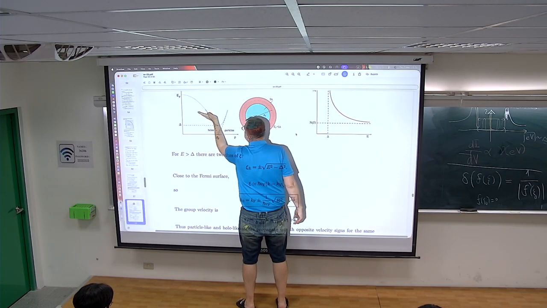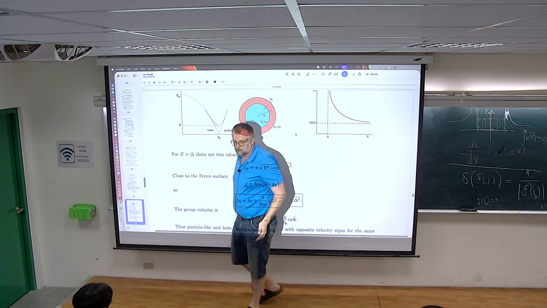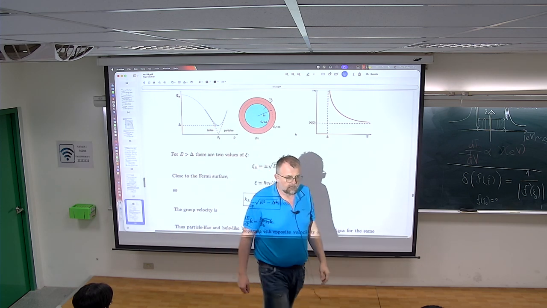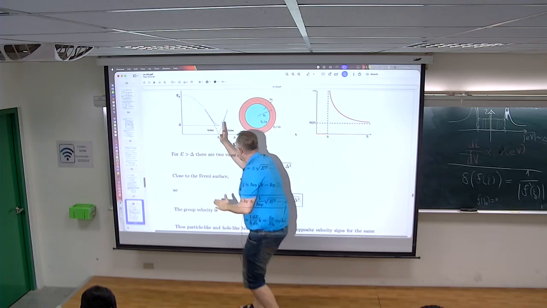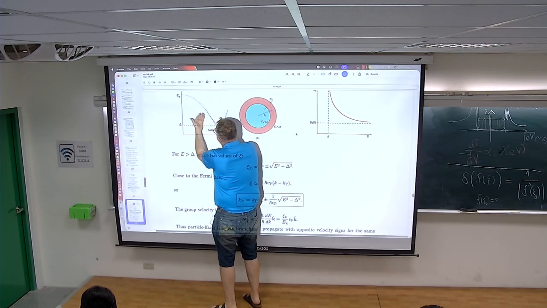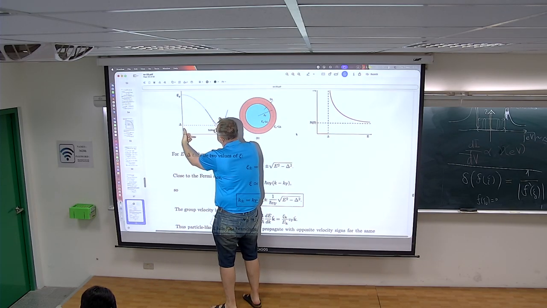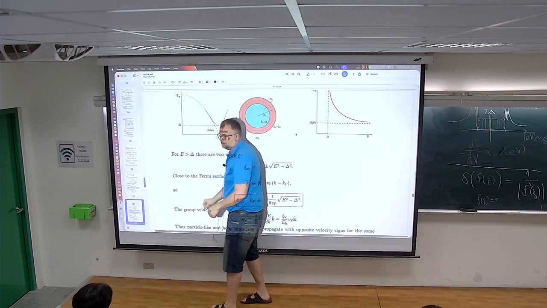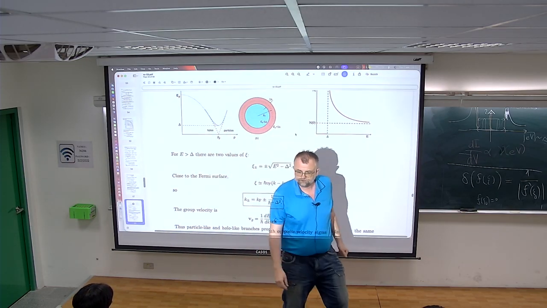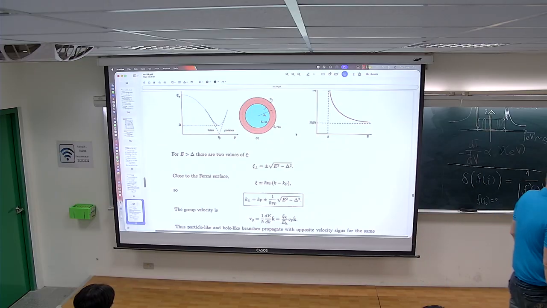The gradient in this direction is there, so the velocity is there. So we see that particles here are behaving like a hole because they have negative group velocity, negative in the sense that for positive K they have negative velocity. Okay? Good.